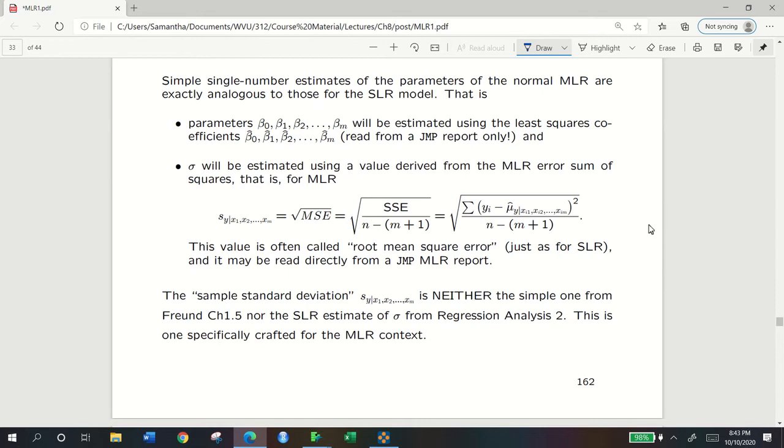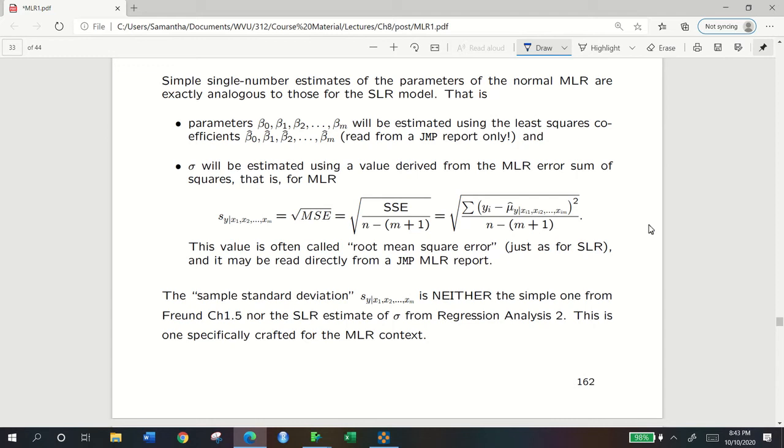So if we are considering our single number estimates of the parameters of the normal multilinear regression, they are going to be pretty much the same as they were in simple linear regression. The parameters beta naught, beta 1, beta 2, beta m will be estimated using our least squares coefficients, beta naught hat, beta 1 hat, beta 2 hat, all the way to beta m hat.